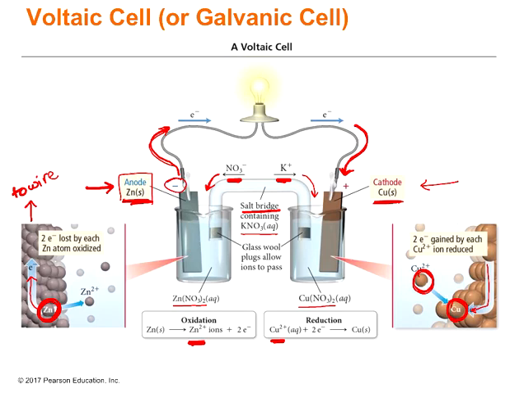Now you'll notice that copper, on the other hand, is labeled as the cathode, and it is positively charged. And then you'll also notice electrons are moving from the negative side, the anode, to the positive side, the cathode. And that's just due to the fact that opposites attract in terms of charge. So electrons are attracted to the positive charge of the cathode.